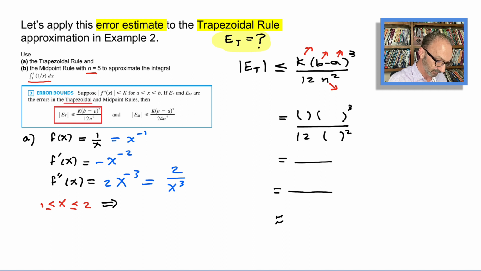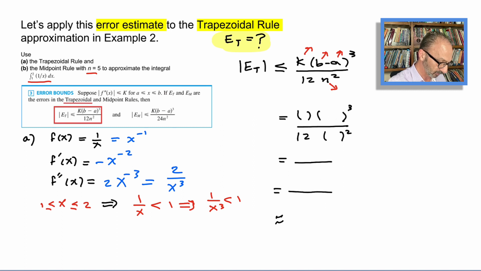Now notice that x is going between 1 and 2, which means we could say that 1 over x is less than or equal to 1. This implies that 1 over x to the third is less than or equal to 1, of course, even faster.